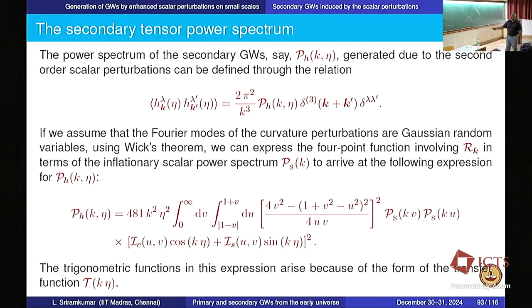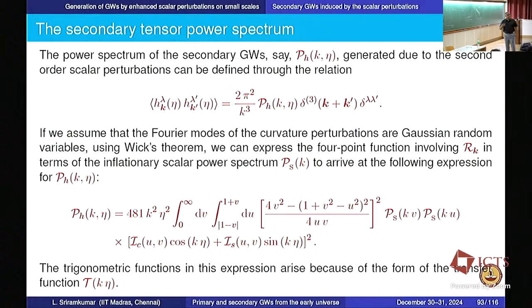So this will contain four R_k, and when you evaluate the expectation value, you are essentially assuming that these R_k are Gaussian random variables, and therefore you are using Wick's theorem to write this four-point function in terms of two-point functions, which essentially involves, modulo an overall factor which has been absorbed here, products of the power spectrum of the curvature perturbation.